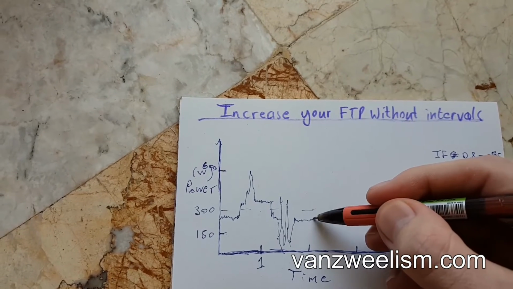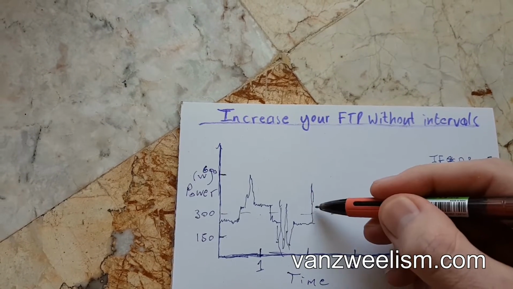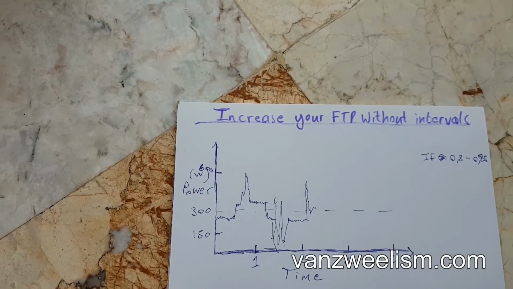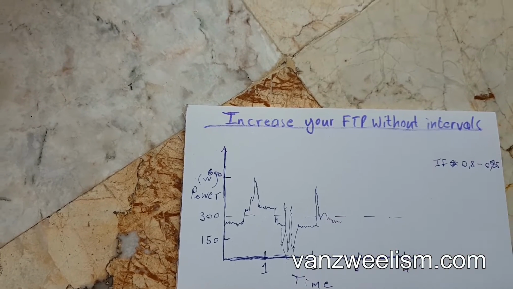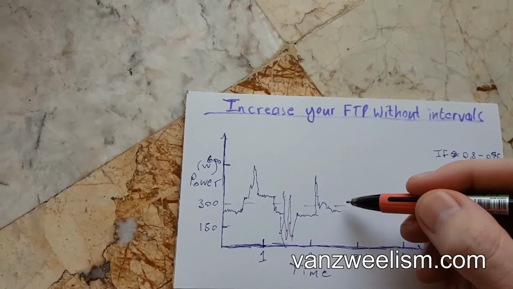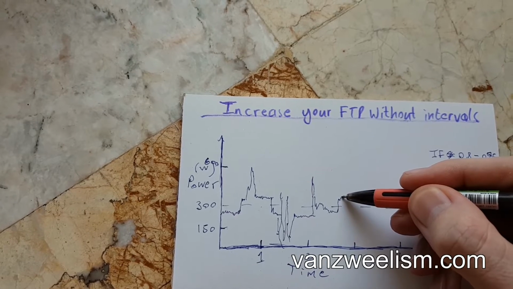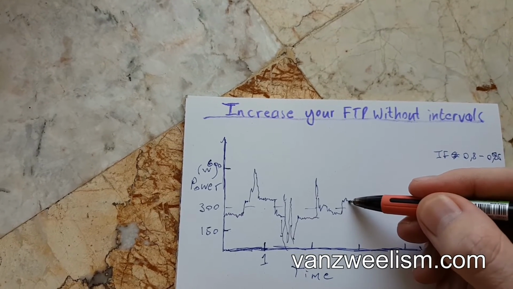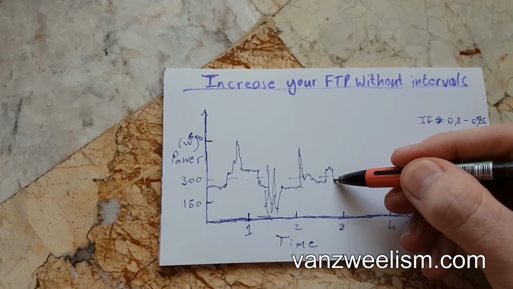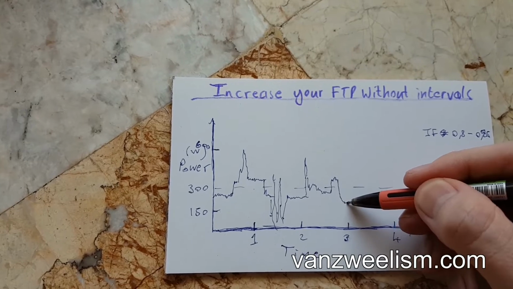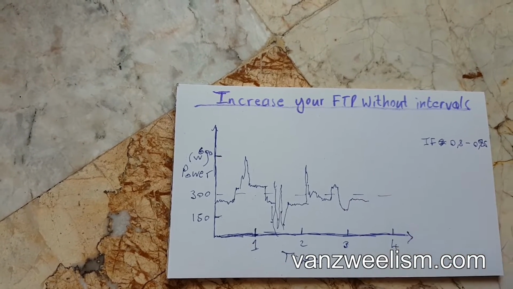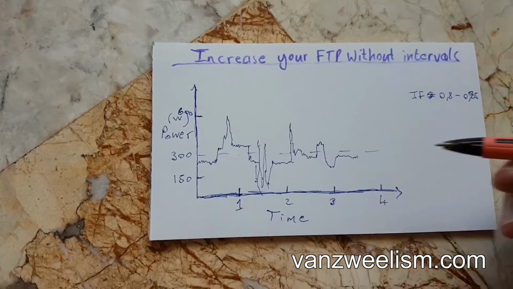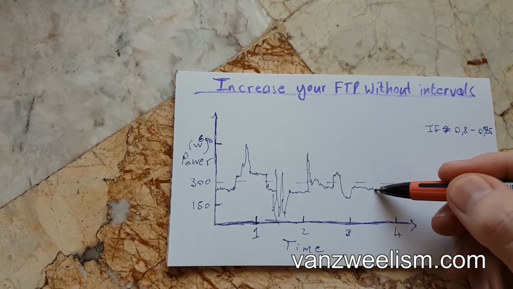And then there's a big attack, you try to follow the attack, and then get in the breakaway and stay maybe a little bit under threshold, hitting a climb again, going over threshold, a short climb, and then chilling on the downhill again, and then maybe just keeping it under threshold to the end of the stage, where the dude attacks.